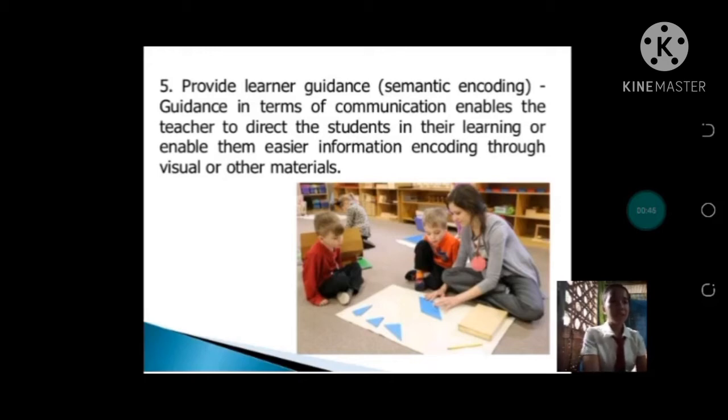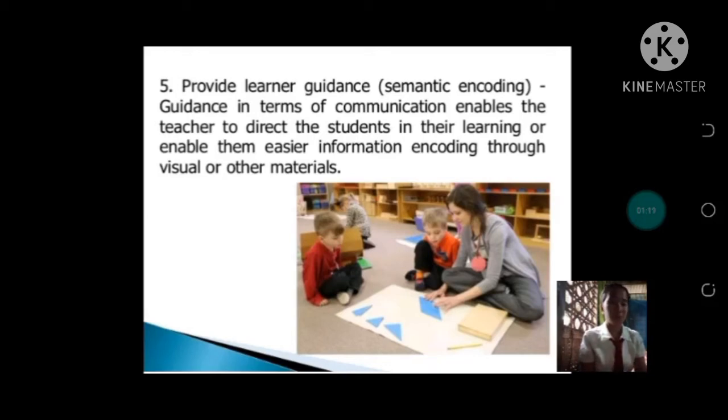So, delivering the message into something that the teacher wants to convey, like using instructional materials, or the teacher trying to send the lesson to the students through visuals or pictures so that the learners will easily understand. Most of the students are good at visualizing, and most are good at identifying the lessons through visuals or pictures.